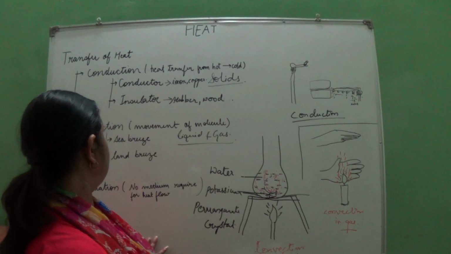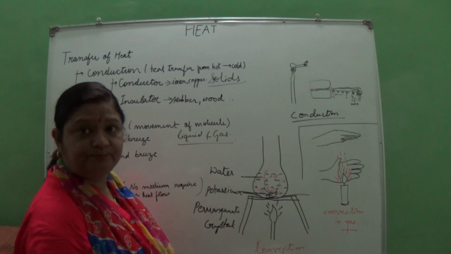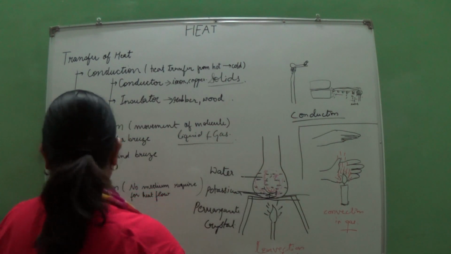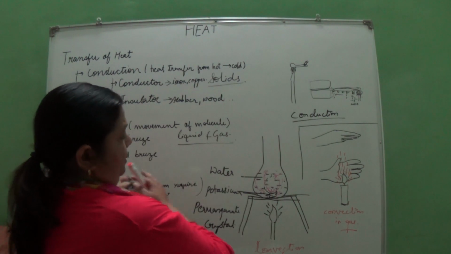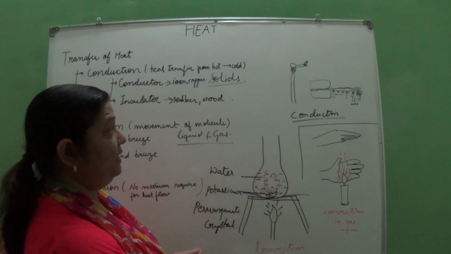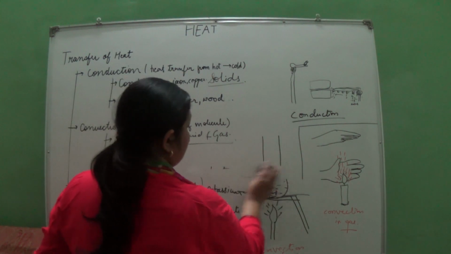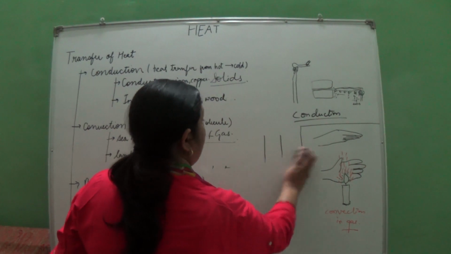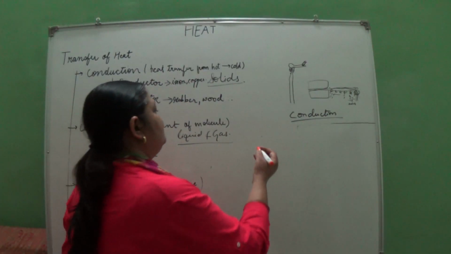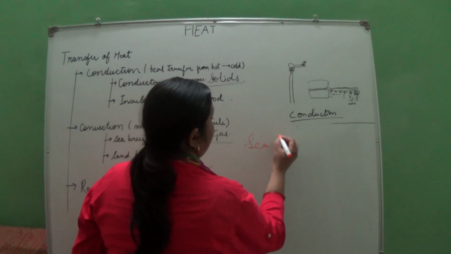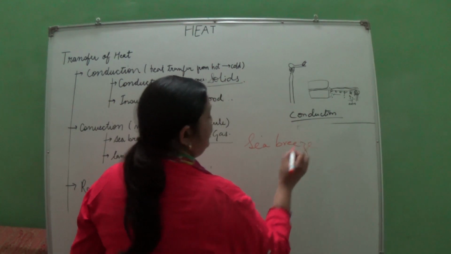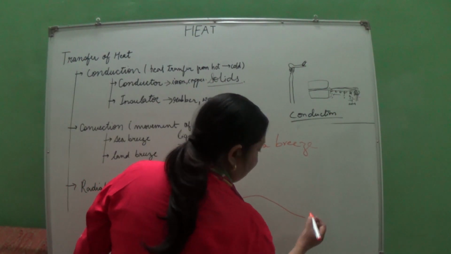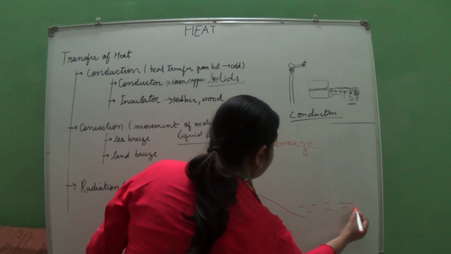Now we are going to see applications of convection like sea breeze and land breeze. Sea breeze and land breeze you have studied. Where land breeze and sea breeze occur, the temperature of the place is moderate. Why does this happen? First we will see sea breeze. Suppose this is the land and here is the water.